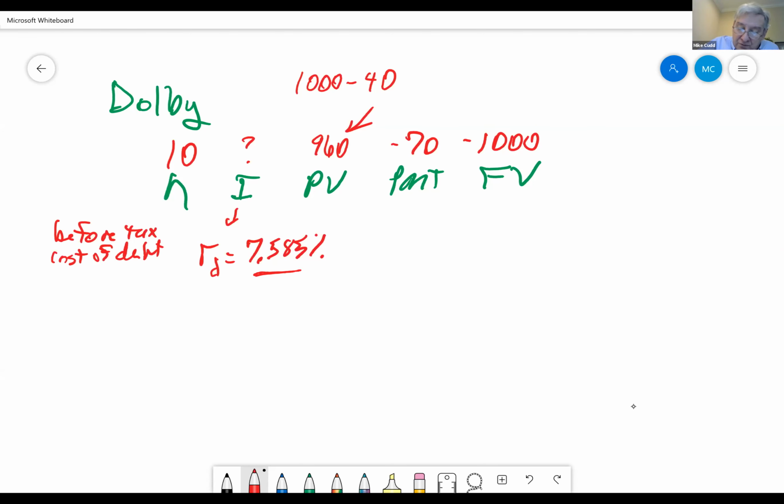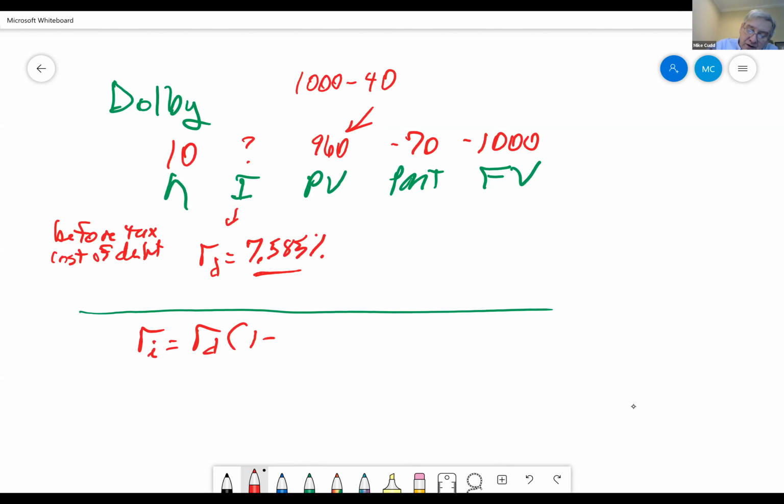Now, the second half of the problem is, what's the after-tax cost? The after-tax cost of debt is the before-tax cost times 1 minus the tax rate. Why? Because interest expense is tax deductible. It creates a tax savings.